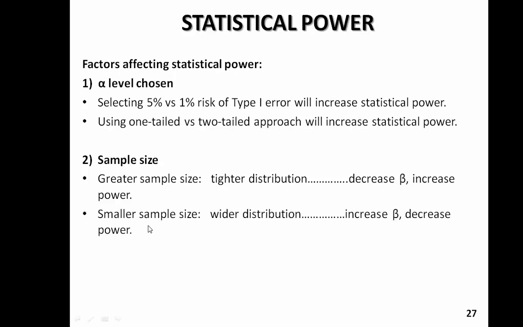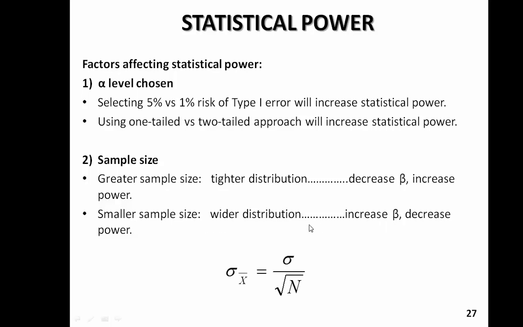A smaller sample size will see a wider distribution in the scores contained within each group in a research study. As a result, the risk of committing a type 2 error, which is beta, will increase, and statistical power will decrease.